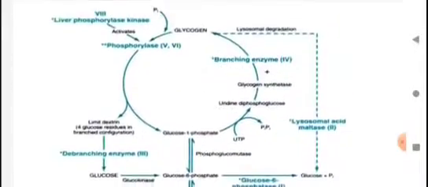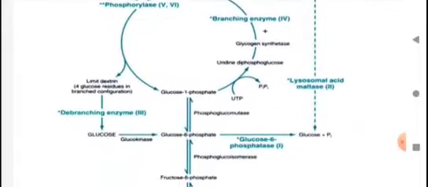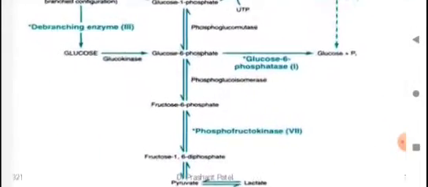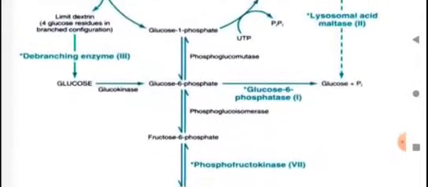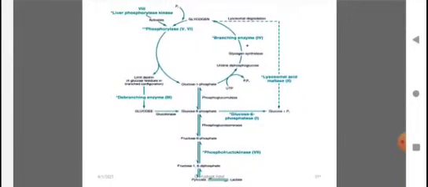So this is a diagram which shows glycogen metabolism, and this glycogen, with the help of various enzymes in the pathway, is ultimately converted into lactate. Deficiency of any one of these enzymes can lead to a glycogen storage disorder.